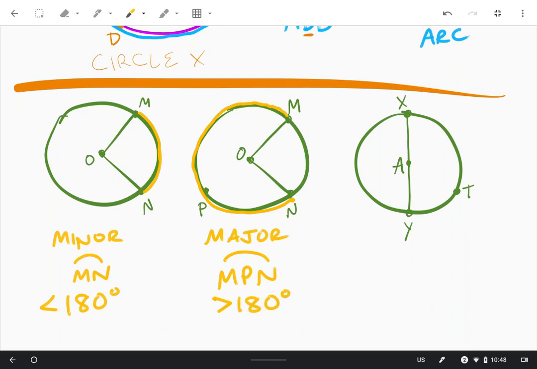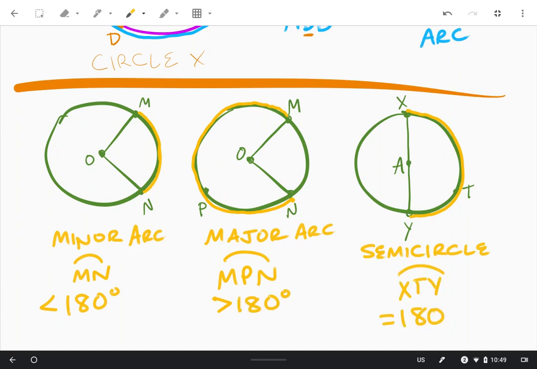And then lastly, you have semicircles, which I haven't discussed yet, but I'll go ahead and introduce that now. A semicircle also has three letters in its name, X, T, Y, and they equal 180 degrees.